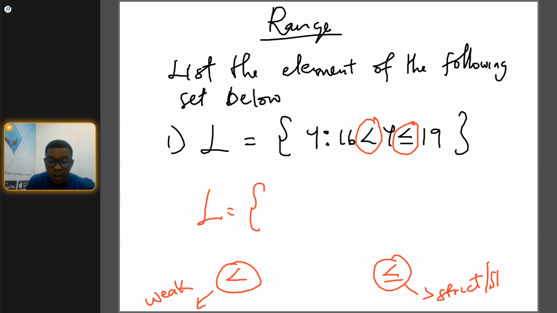When you are writing your elements out, the 16 should not appear as part of your elements, because the 16 is connected to the strict inequality sign.